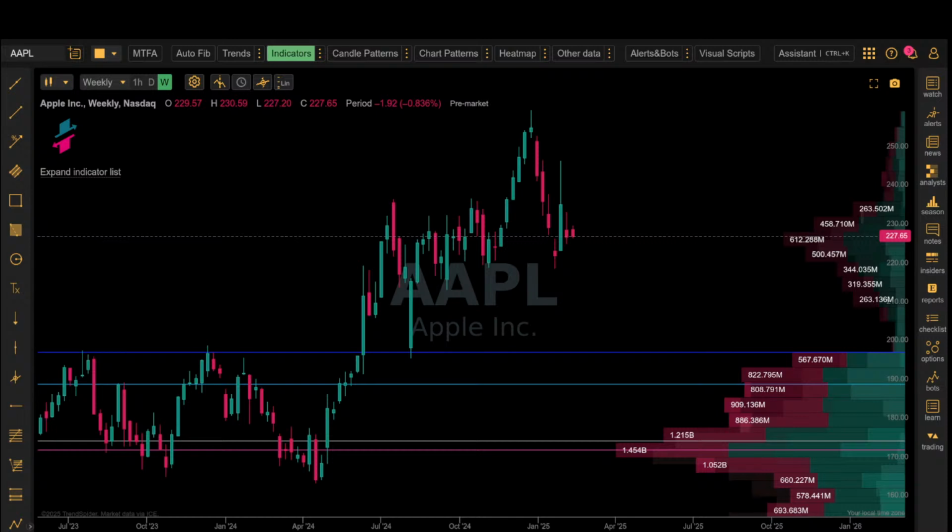And Sam in the chat, she's saying that Baba is partnering with Apple for AI. Baba up about 2.84% today. And I will say one thing about Baba that I've been really impressed with is their Qwen model.